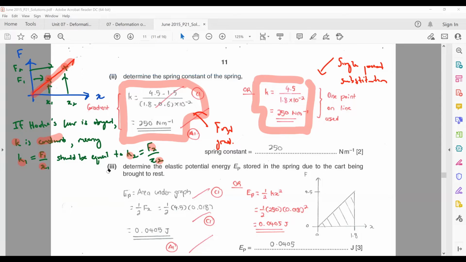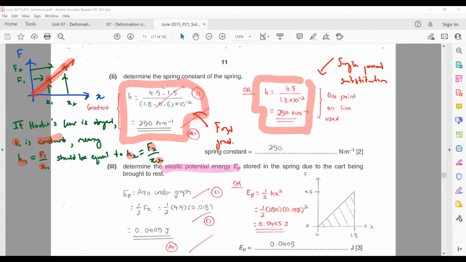Then after that, determine the elastic potential energy stored in the spring due to the cart being brought to rest. Okay, so elastic potential energy, as I mentioned to you last week, is known as your strain energy too.